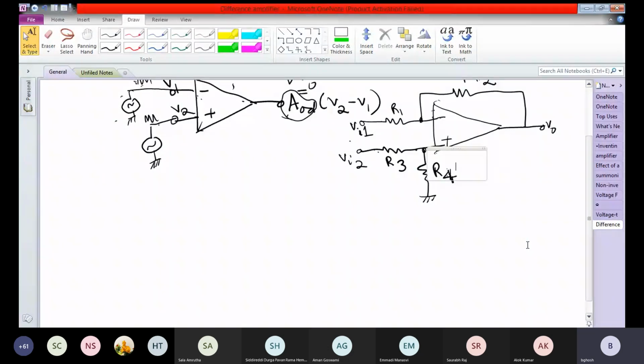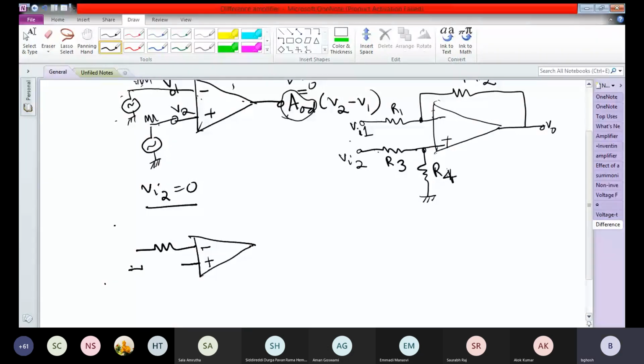So if I set VI2 to 0, we have a simple circuit. Whatever we connect is 0 here, so this is 0.